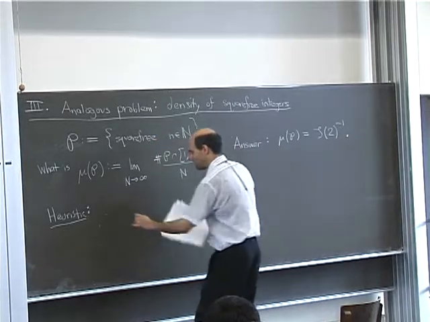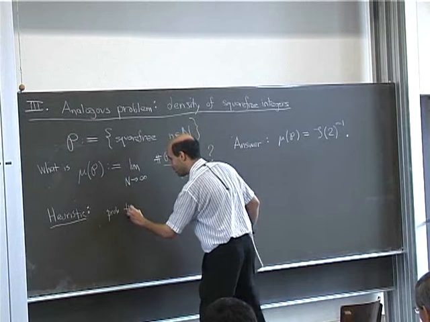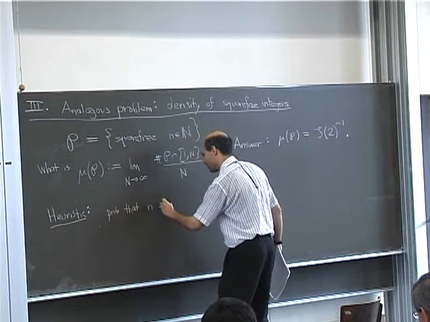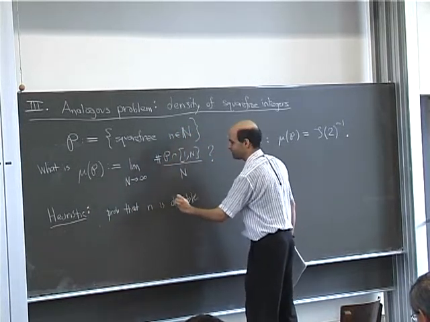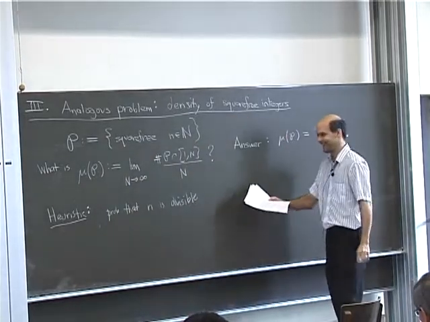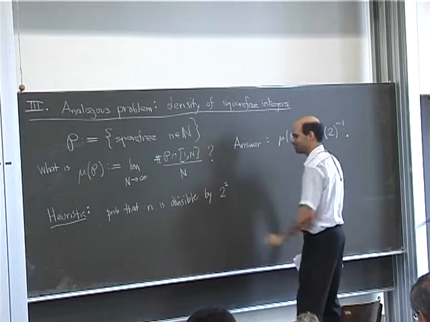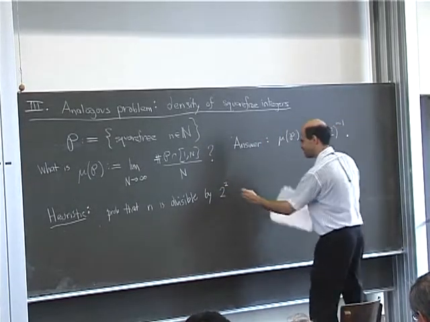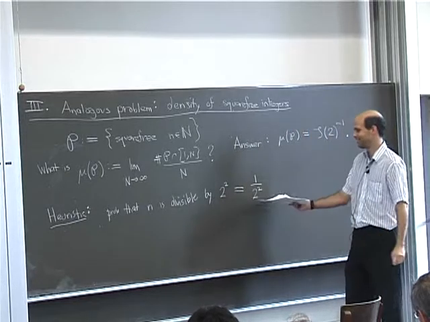Now, what's the probability that an integer is divisible by 4? I mean, this is heuristic, so I can say whatever I want. This is not really a probability in the usual sense; it's really just density. So that's 1 over 4, that's pretty clear.